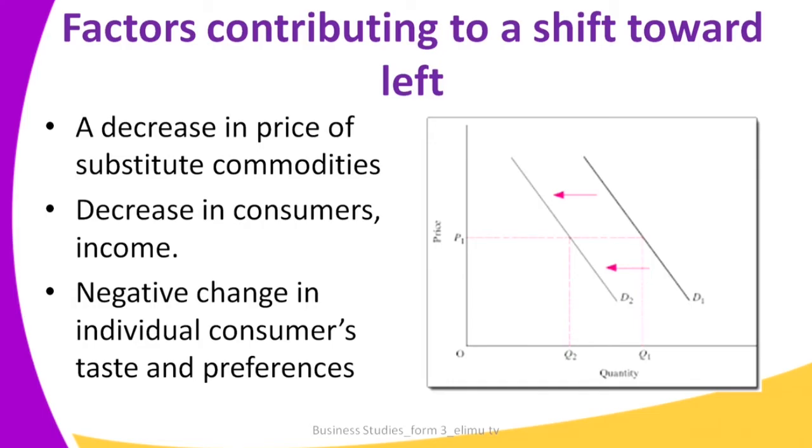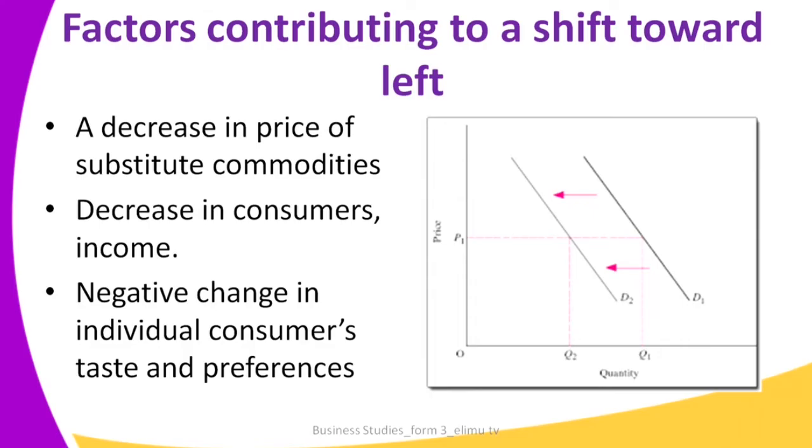So you'll find that you are competing. If the price of the competing product goes down, that means the price of the other one is higher. People usually go for what is cheaper. And if the substitute good happens to decrease its price, the demand for the other product goes down, and therefore the demand curve shifts towards the left.